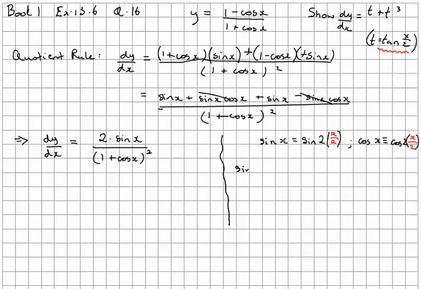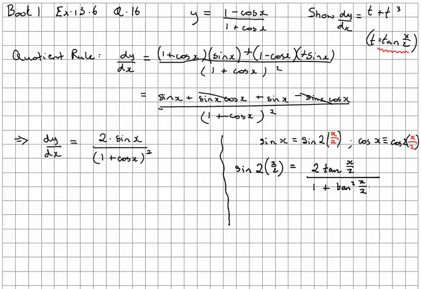So the sine of 2 times x over 2, from the bottom of page 14, we have that it's 2 times the tan of that angle, x over 2, all over 1 plus the tan squared of that angle.